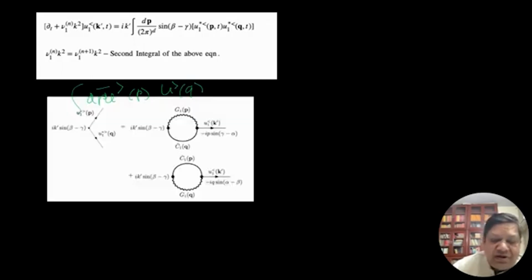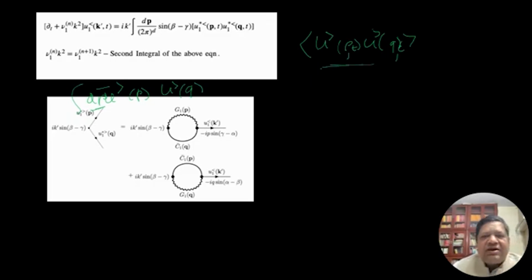Now, to zeroth order, remember you have u greater p, u greater q. If I do the averaging, by the way, this is an integrand, the variables changing with time and with space. So please keep in mind there is a time as well, but they are equal time.